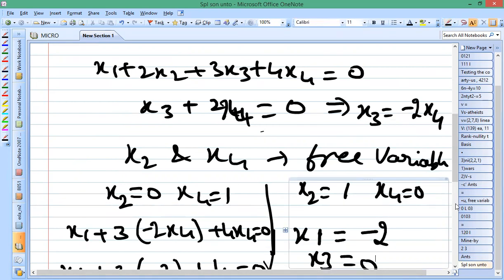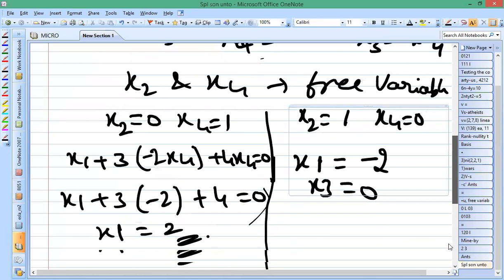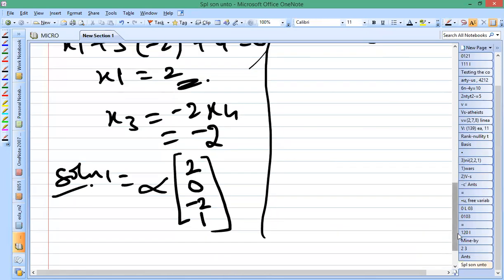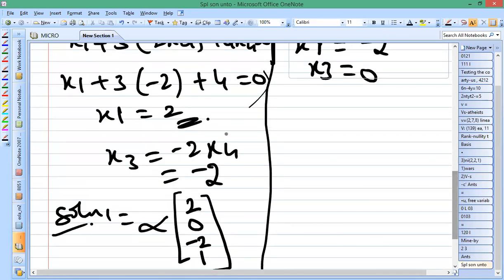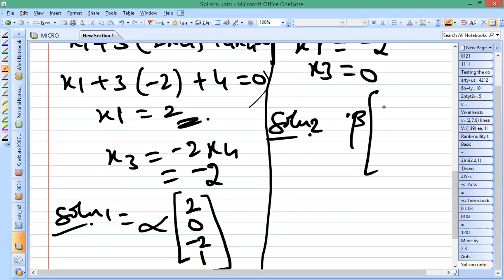So now we can write the second solution, solution 2, as beta, some constant. So x1 is minus 2, x2 we have assumed as 1, x3 is obtained as 0, and x4 we have assumed as 0. So this is the solution.